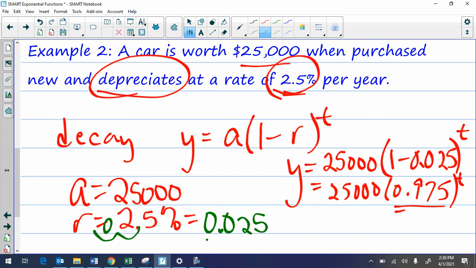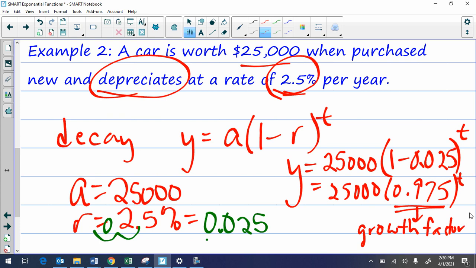Notice this right here is my growth factor. I know it's decay, but we still call it a growth factor. The fact that it is less than 1 tells me that it's decay.